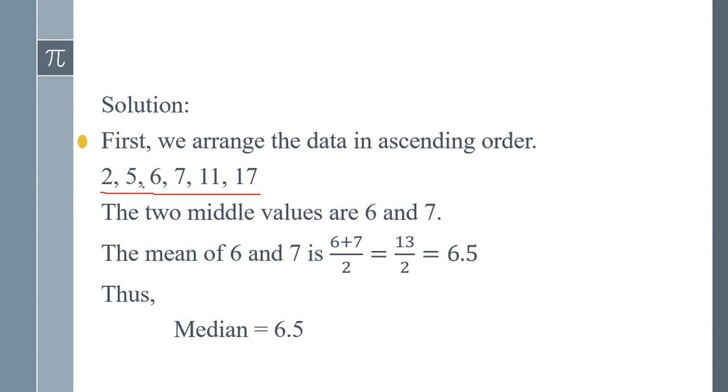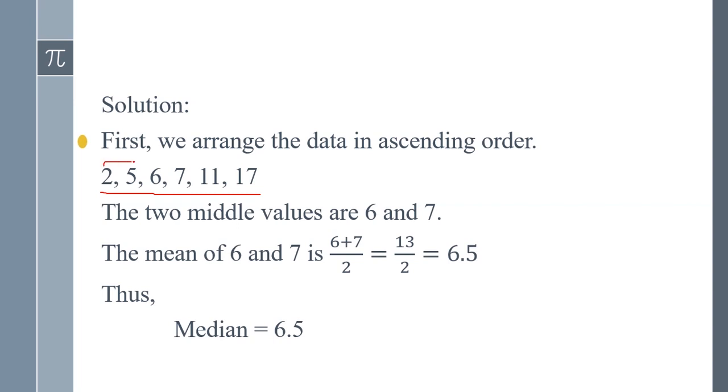Here we have 2, 5, 6. There are a total of 6 data points. So there are two cases, when we have an even number of data points and when we have an odd number of data points. In our case, we have an even number of data points. When we have an even number of data points, there will always be two values which lie in the center of the data set, like this.